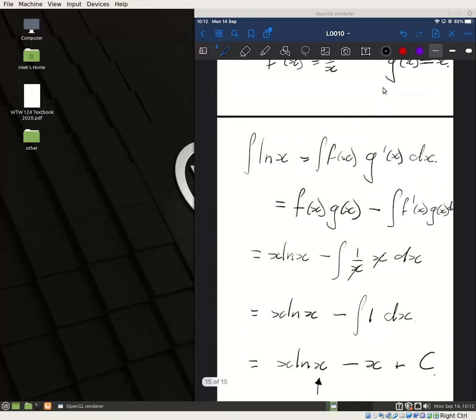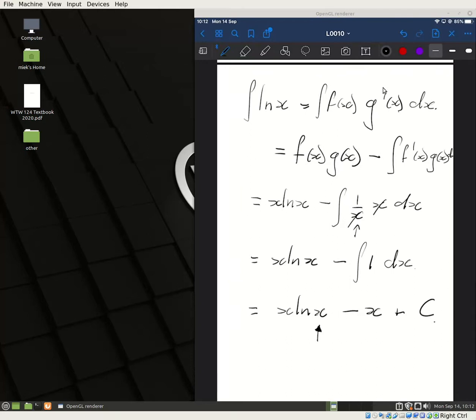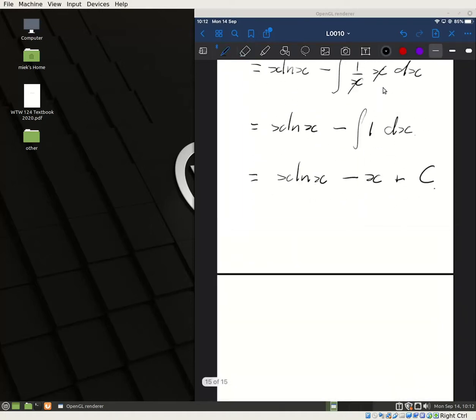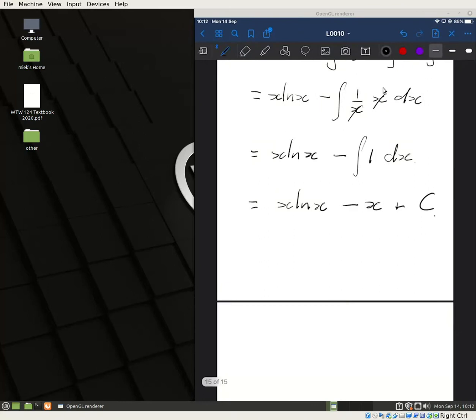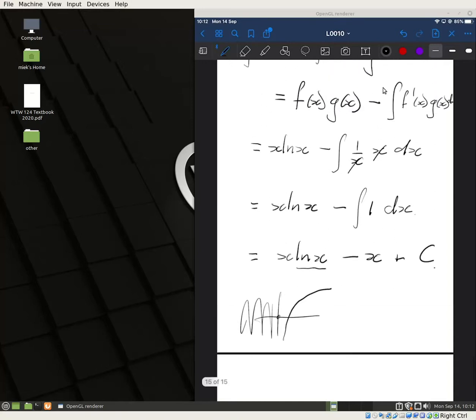What are we allowed to put in here? And here we see we are dividing by an x. So let's think a little bit about whether this makes sense. If we think about the graph of ln x, it's not defined when x is negative, and it is not defined when x is equal to 0.